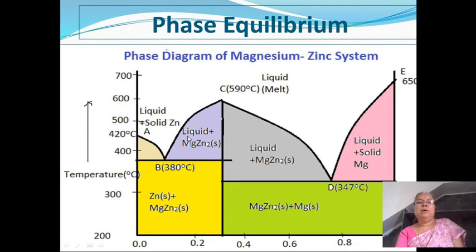Then see the phase diagram of the magnesium and zinc system. Here, this is the combination of two simple eutectic systems.